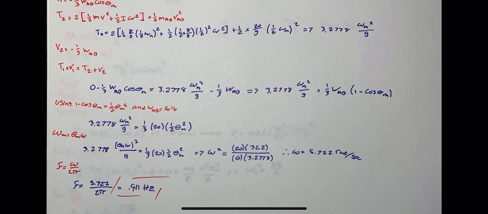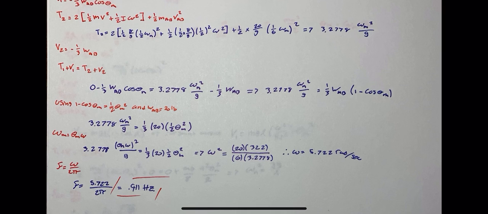After we plug in our knowns, we get 1 minus cosine theta m in that equation after we solve. So we'll have to use 1 minus cosine theta m is equal to 1/2 theta squared, since we're looking for small oscillations of the system.